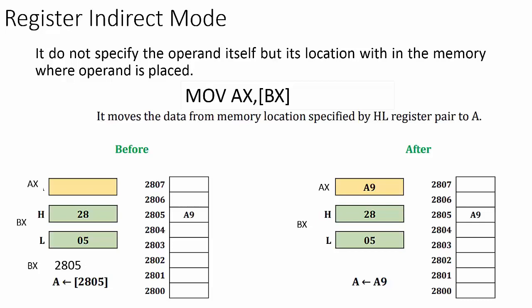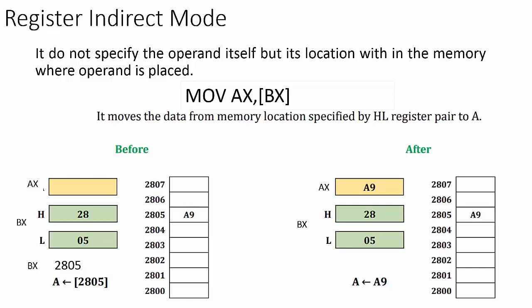What does 2805 mean? As we discussed in the register indirect mode, whatever value is present in the register is the address of main memory. Here is the main memory block, which has different address locations, starting from 2800 to 2807. So 2805 is nothing but the main memory address. We can see that the 2805 memory location contains the value A9. What is A9?